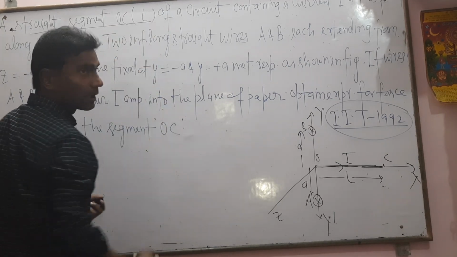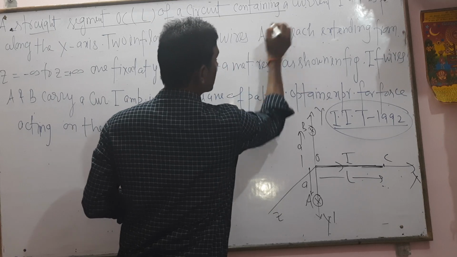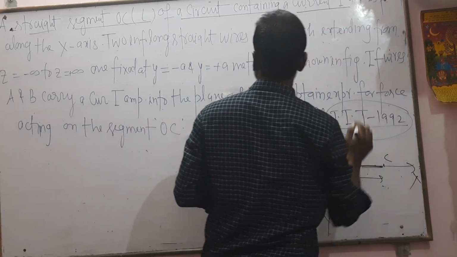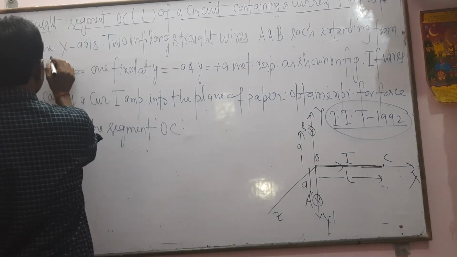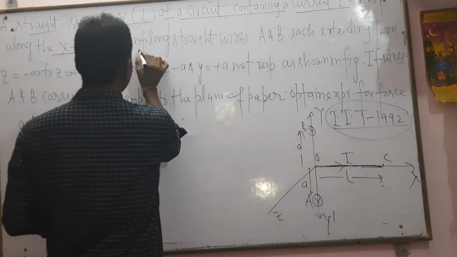OC of length L, carrying current I ampere, is placed along the x-axis.